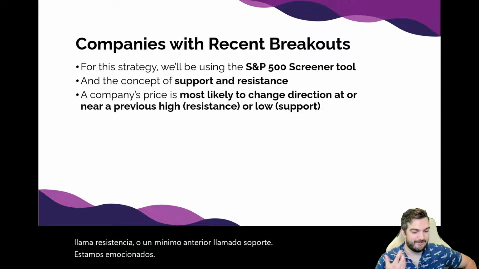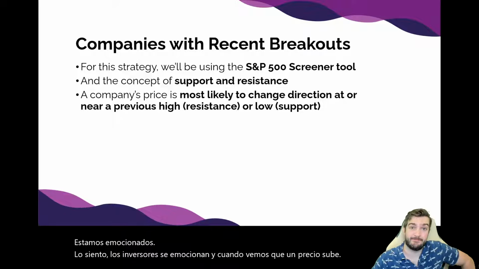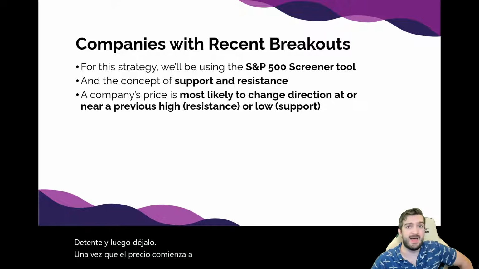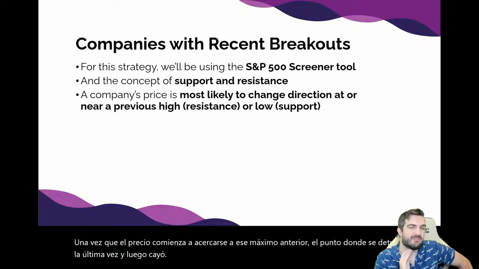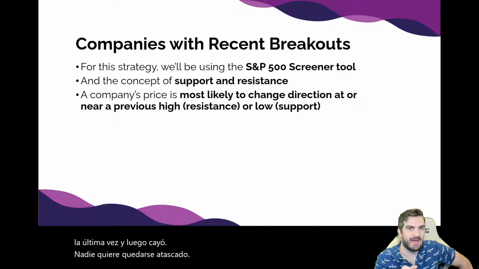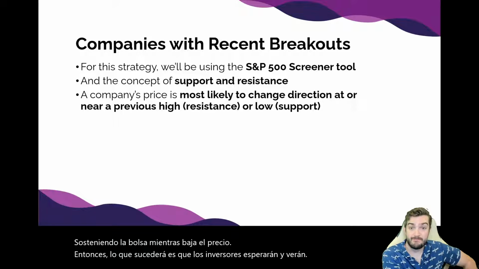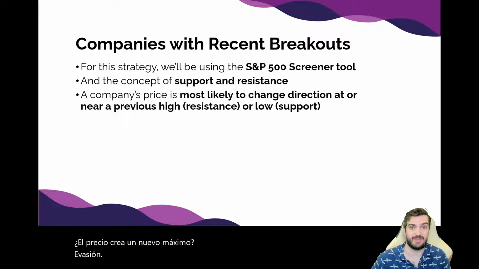Investors are emotional, and when we see a price go up, stop, and then drop, once the price starts to get close to that previous high, the point where it stopped last time and then fell, no one wants to get stuck holding the bag as the price drops. So investors are going to wait and see: does the price create a new high, a breakout, or is it going to reverse once again?